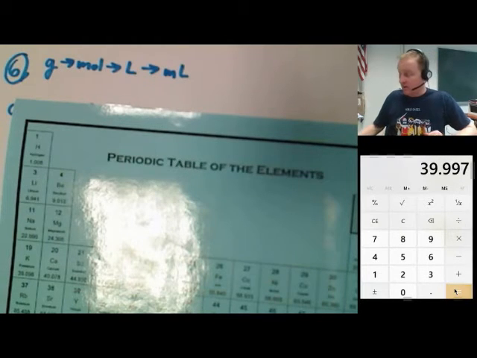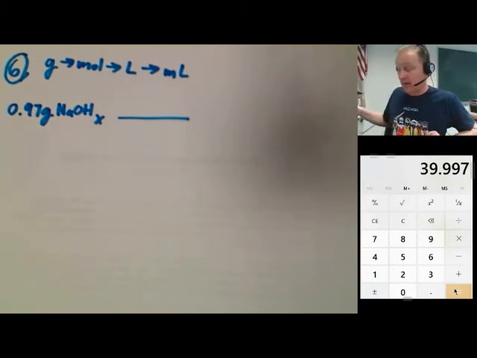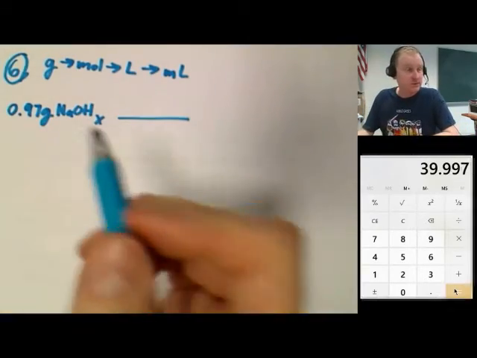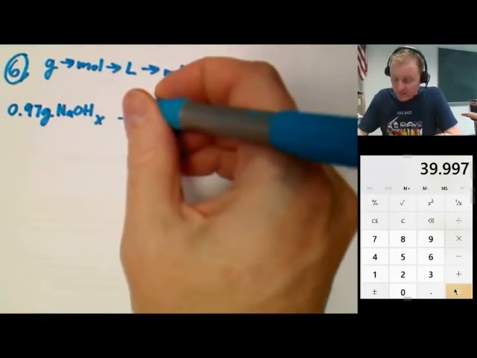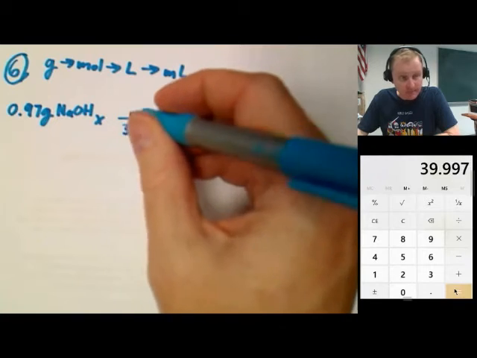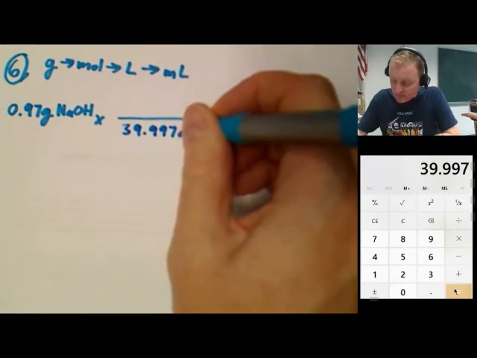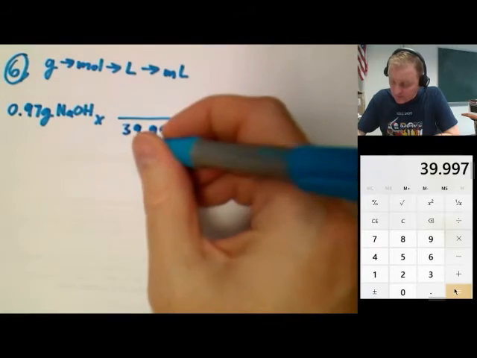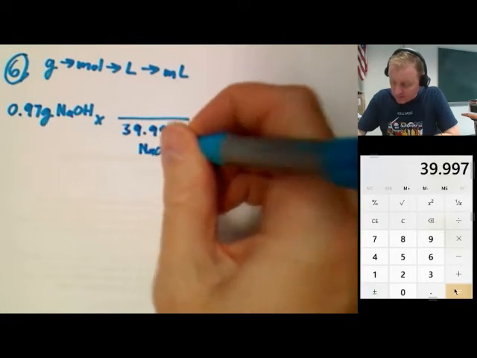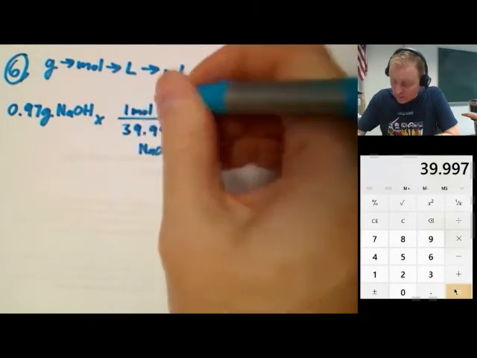So sodium hydroxide is the sum of those 3 elements, and I come up with 39.997 grams of sodium hydroxide per 1 mole of sodium hydroxide.